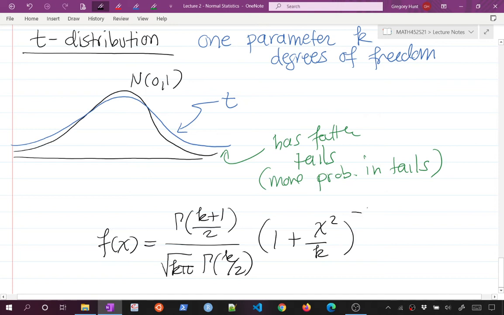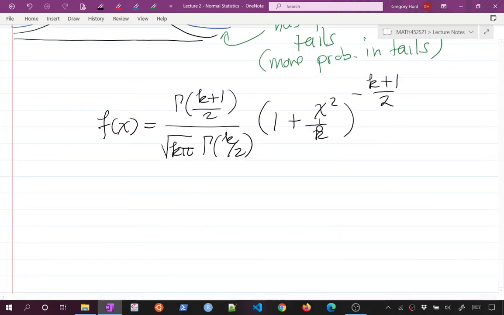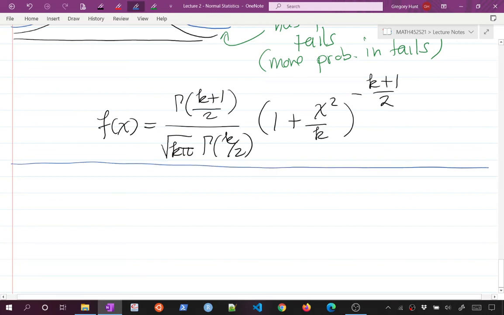Don't memorize it. You don't need to memorize it. There it is. It's pretty ugly, just to convince you you don't want to know it. Nobody knows t-distributions based on the PDF. The reason we know t-distributions is the following fact. We could maybe call it a theorem. Theorem's a big word. Fact only has 4 letters.